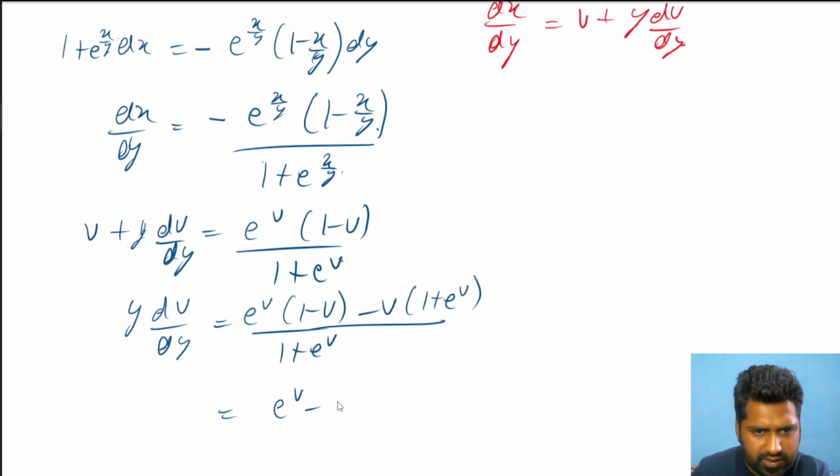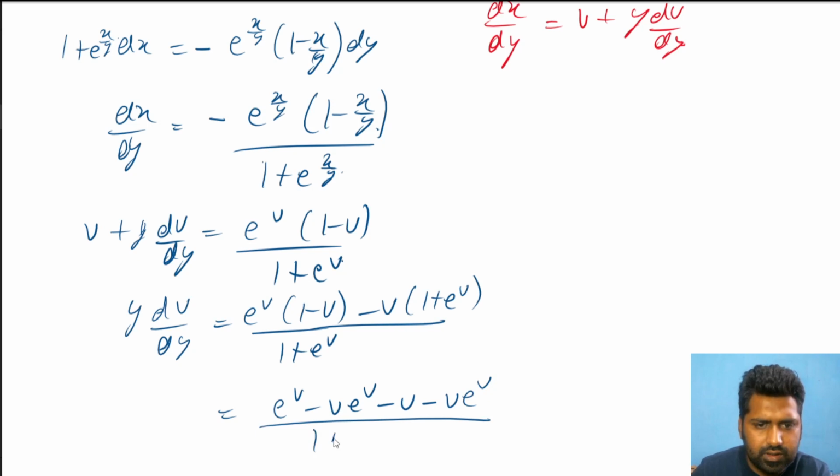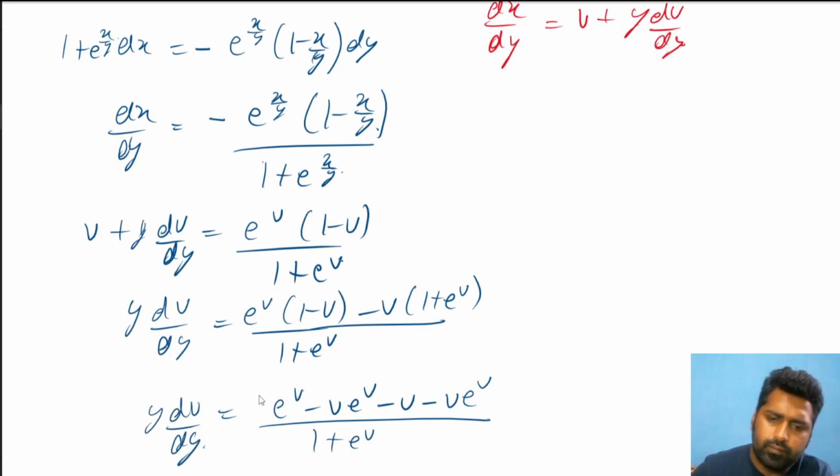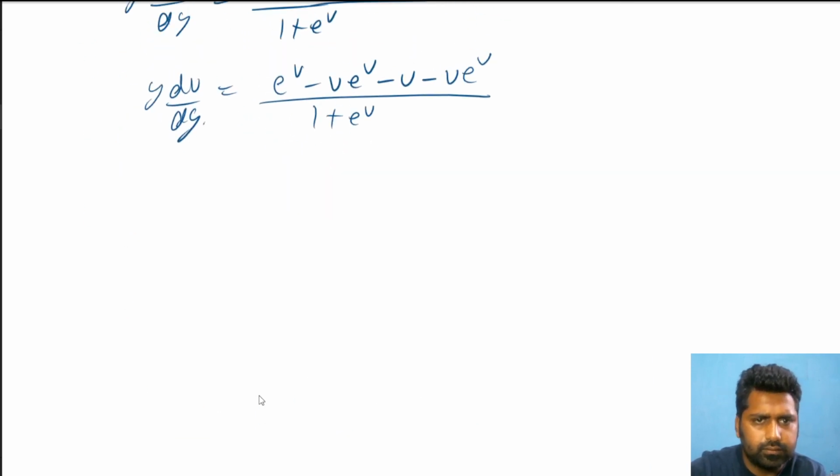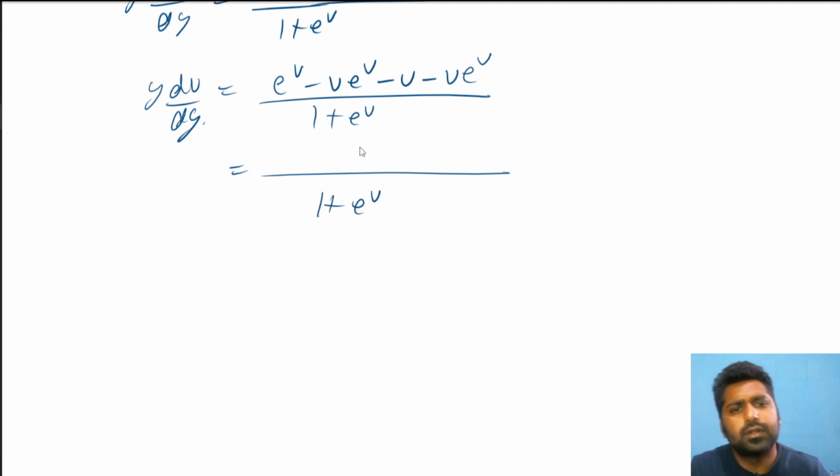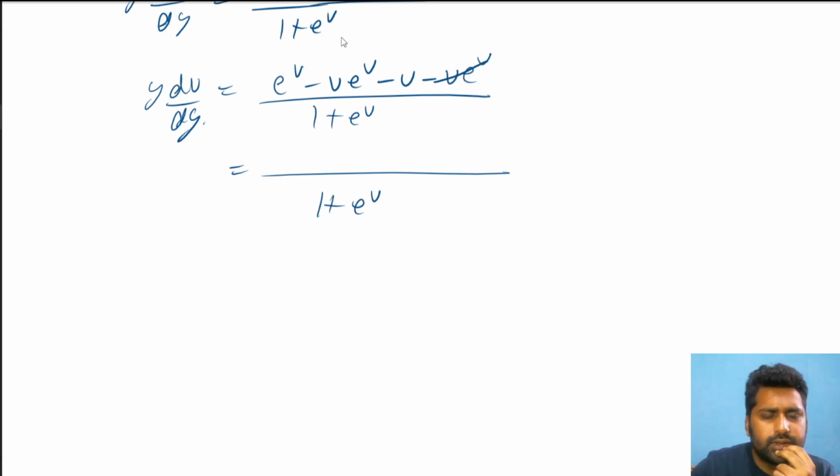e raised to power v minus v e raised to power v minus v minus v e raised to power v, y dv by dy. Let's solve this. 1 plus e raised to power v, something should cancel this one.